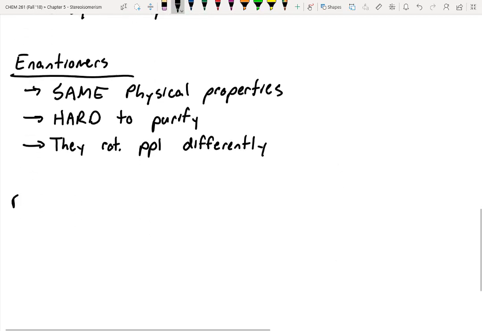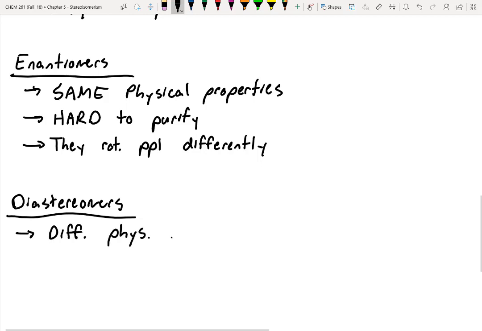All right, diastereomers are different. Diastereomers have different physical properties. And they are easy to separate.